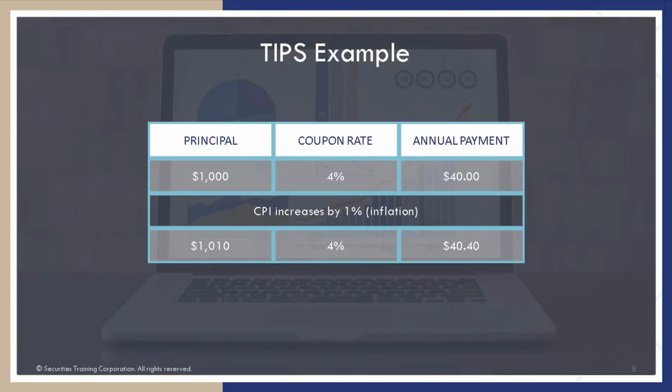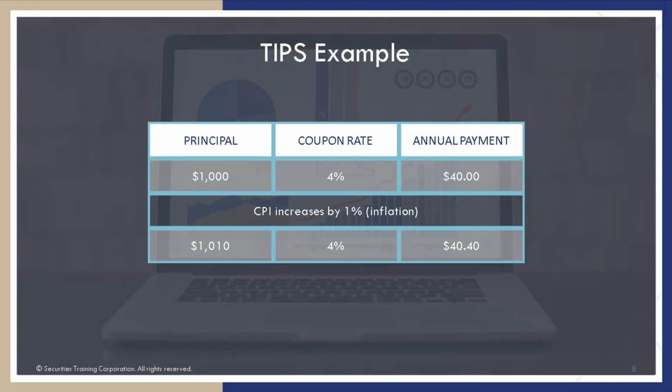Now, what happens if there's deflation? And what does deflation mean? Deflation means prices are going down. Will the principal be adjusted downward? The answer is yes, it will. So that your coupon would be multiplied by, again, that adjusted principal. And if there's deflation, the principal will be adjusted downward.